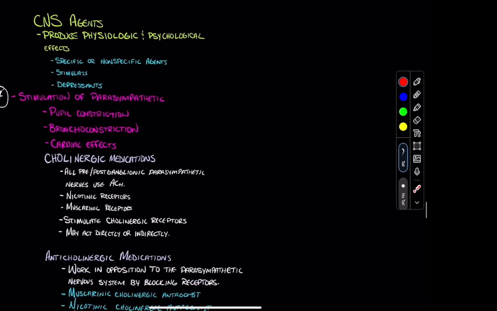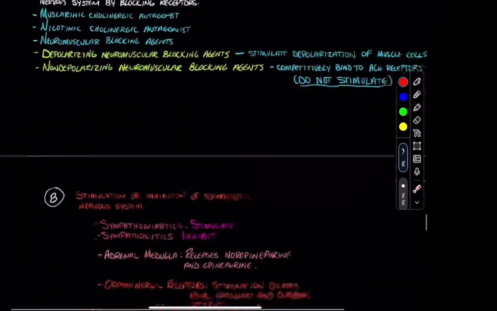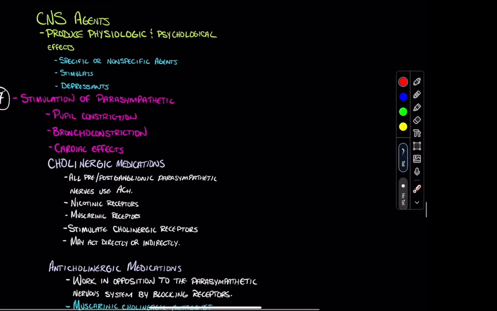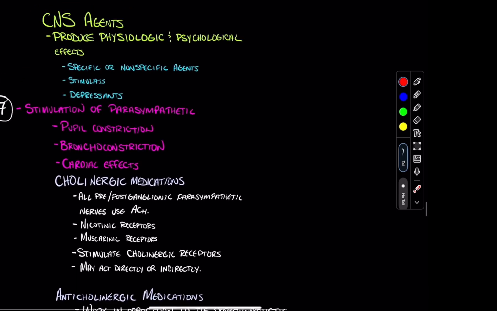And then we have an overshadowing classification, which was split into two other groups down here. I call them central nervous system agents. They work in the same way as a stimulant, but they're a little more specific. There are a lot more ways they work other than just stimulating the upper and downer kinds of things.